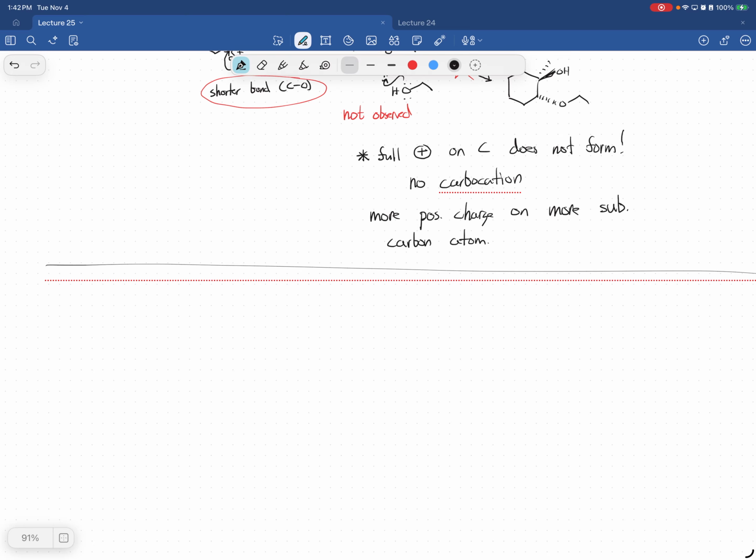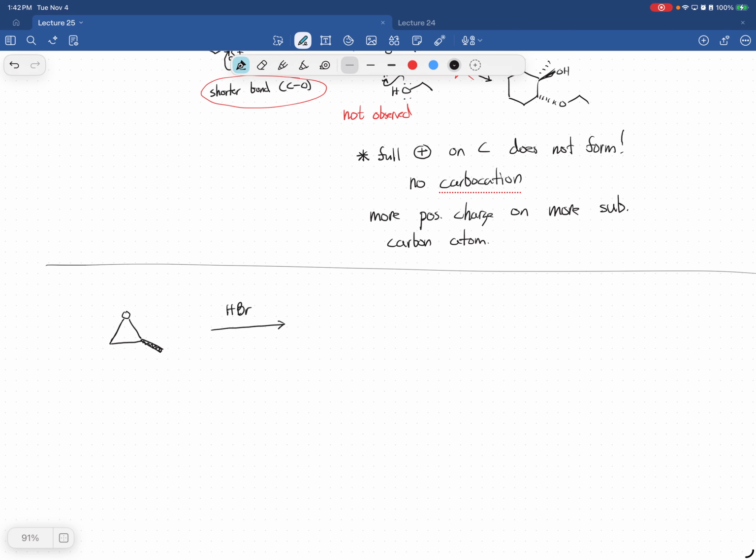What if you have an epoxide like this? Well, you have a situation like this, right? What would you think the product would be?